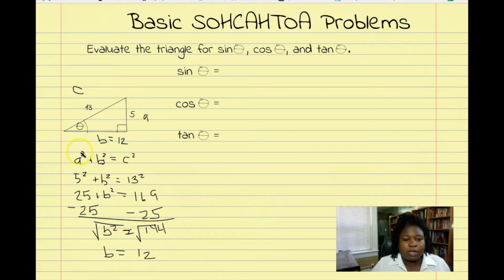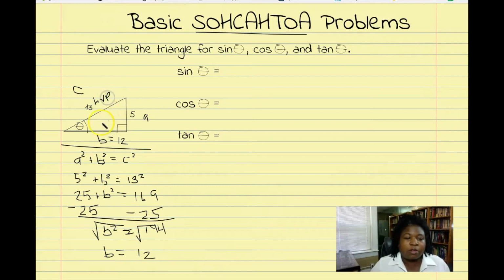Then we want to think, let's label our sides. We have SOHCAHTOA written at the top of our paper. And now we want to label our sides opposite, adjacent, and hypotenuse. Well, we have the side that's across from the right angle. This is our hypotenuse.